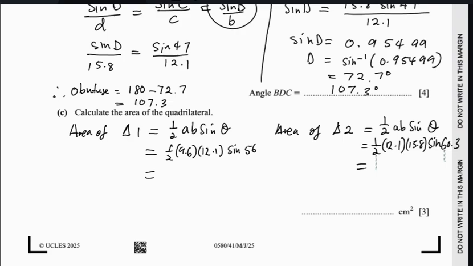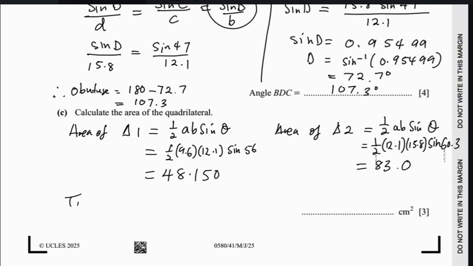I have half times 9.6 times 12.1 times sine 56. The first one I'm getting 48.150. The second one I have half times 12.1 times 15.8 times sine 60.3, equals 83.0.